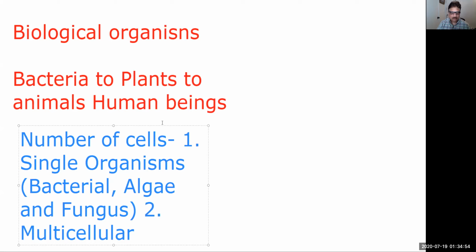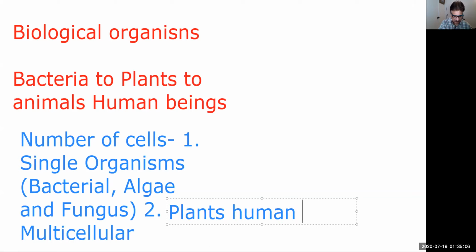Now, fungus could also be multicellular. And the second would be multicellular, such as plants, such as human beings. So this is one way by which we can organize living organisms.